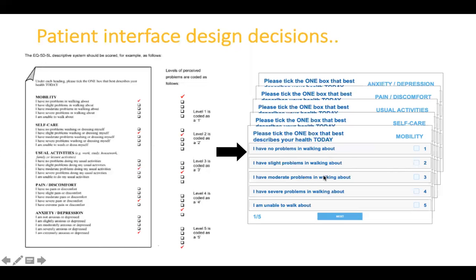So instead of one form, it would be 5 components, and each of these is a screen. The patient would interact with this either by clicking on a box or saying "select one" into the Alexa microphone, and then hit next, and then go on and do self-care, then usual activities, and so on.